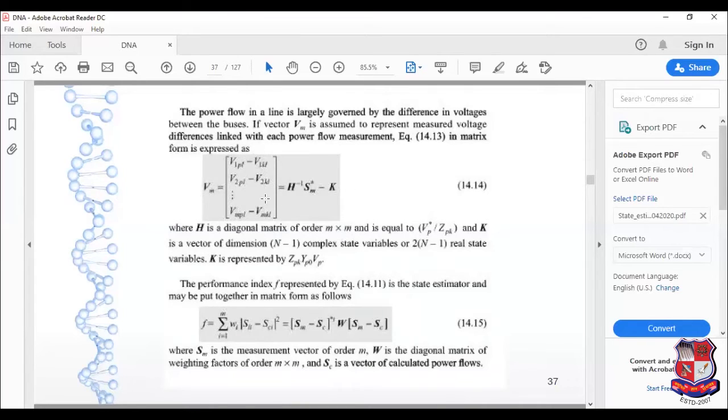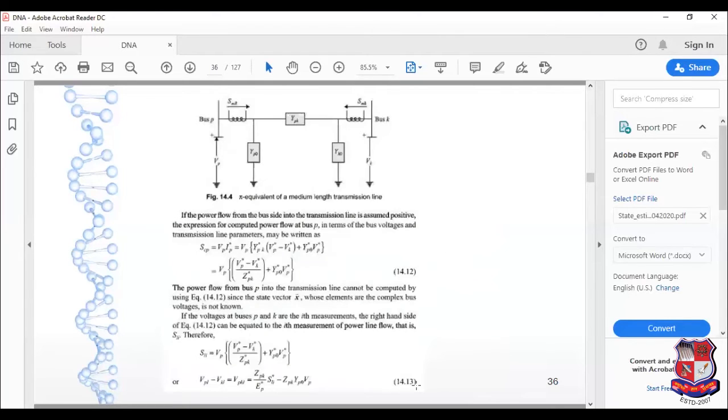Over here, we denote this by H inverse Sm conjugate minus K. What exactly are we doing? H inverse Sm conjugate minus K should be written; this equation 14.14 is determined from equation 14.13. The multiplier of SLI conjugate is Zpk divided by Ep conjugate.